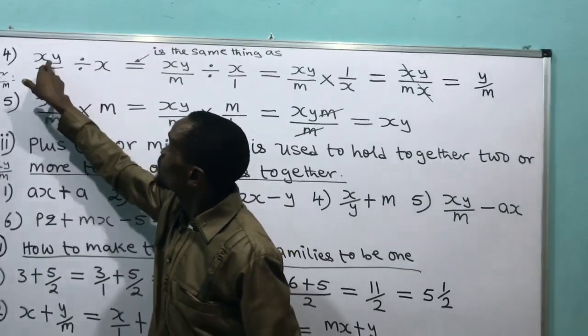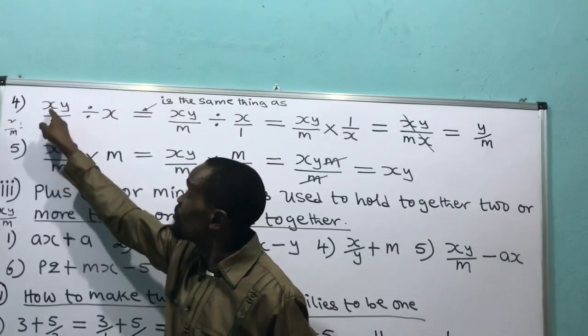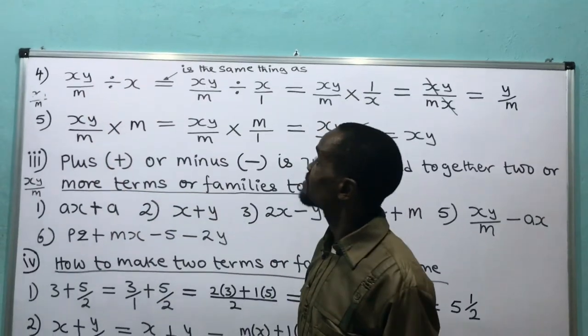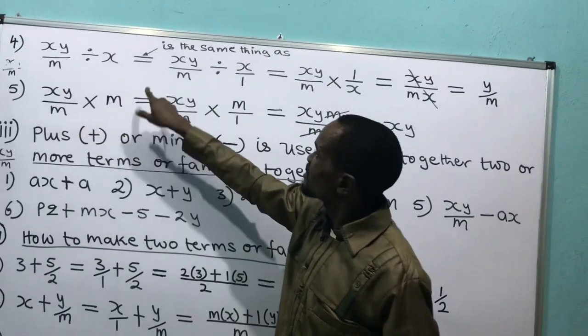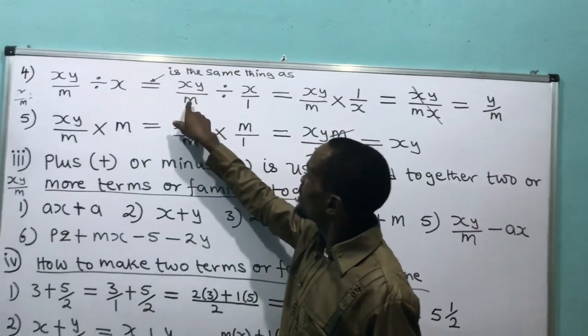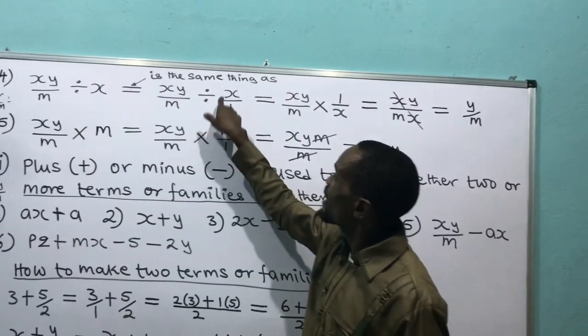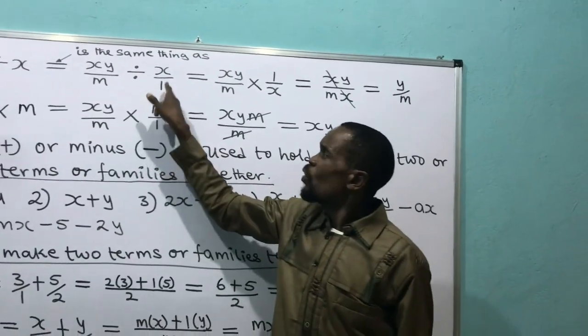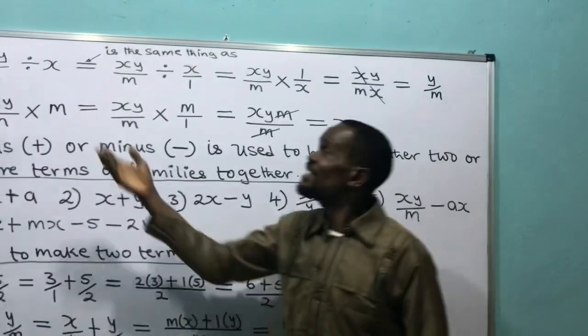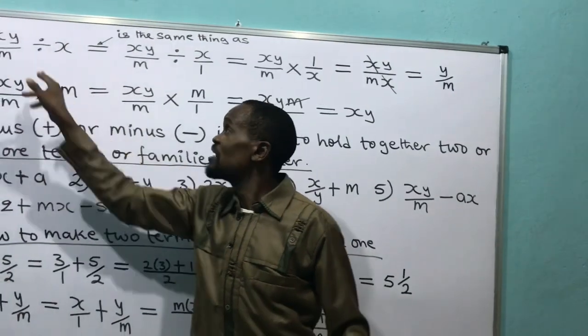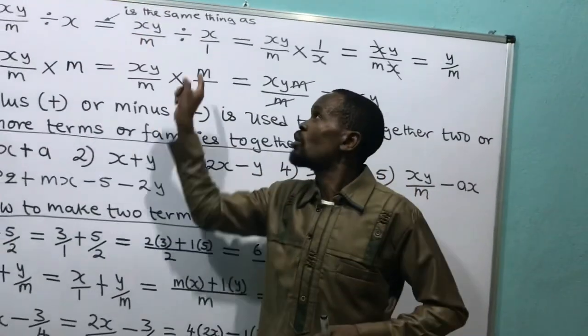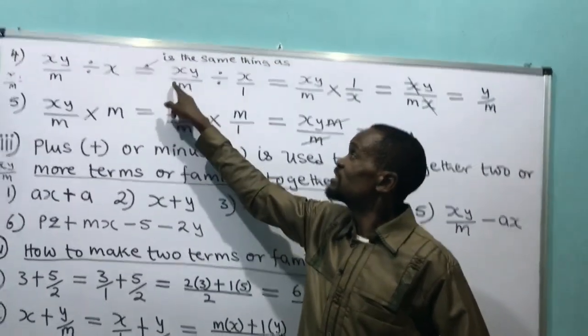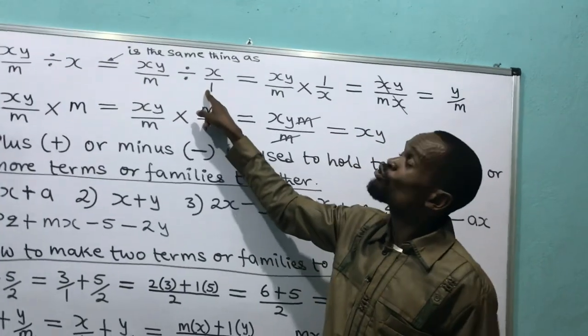Look at the family XY divided by M. I want to remove X. I have to divide it by X. Then when I divide it by X, I have XY over M divided by X over 1. I think nobody is confused how we get the 1. Anything I write is divided by 1, and I call that 1 to come. I put it here. You see that this has turned into a fraction.